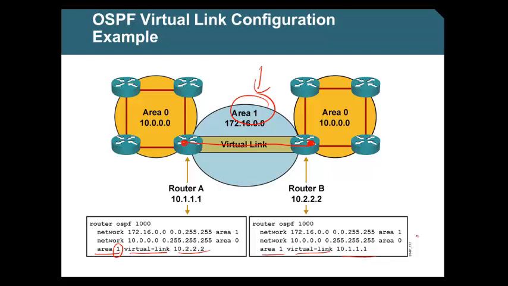So what I'll tell you, Bala, you can try this if you want, or make this area 10 and try. Both are the same. In both you need a virtual link. In this scenario as well, we need a virtual link.